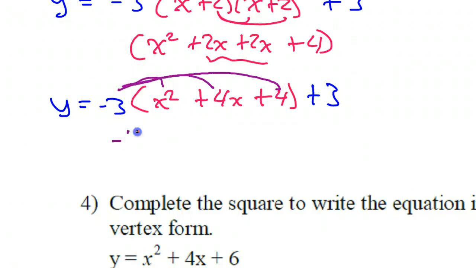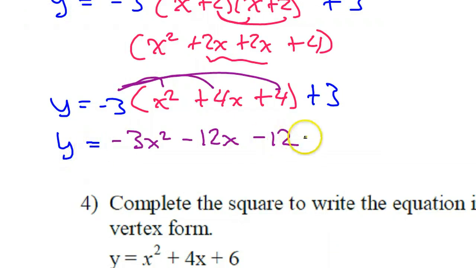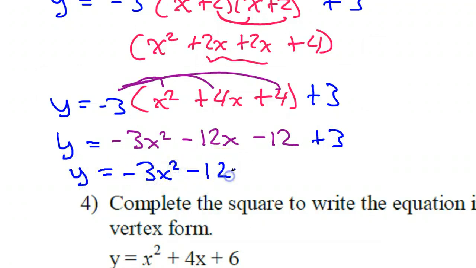So that's going to give you negative 3x squared minus 12x minus 12. Okay, only thing left is to combine these like terms. We're almost in standard form. So negative 3x squared minus 12x minus 9.